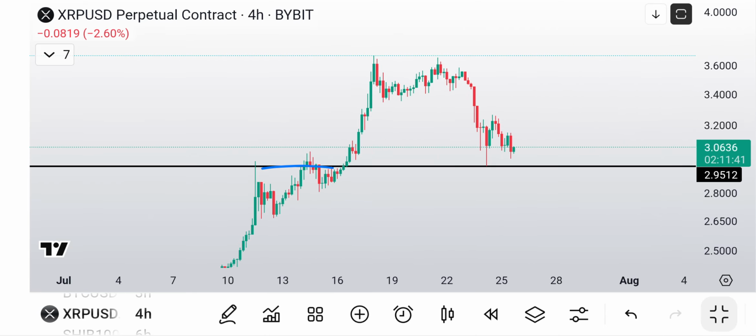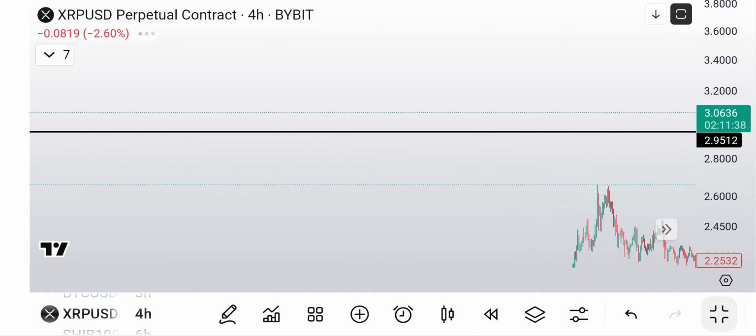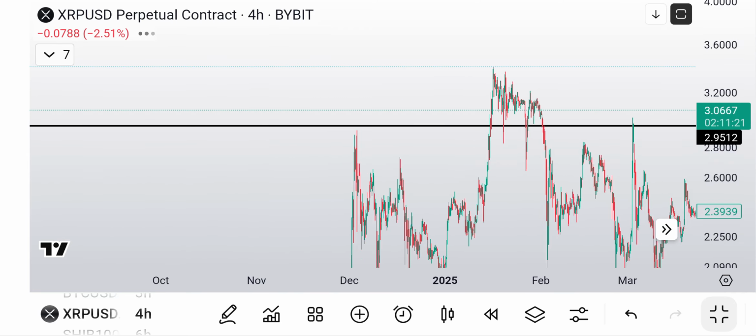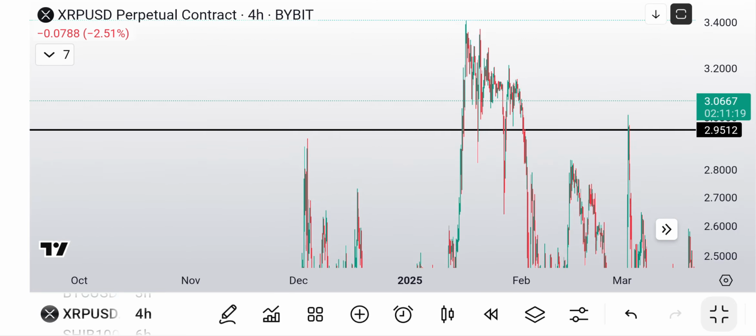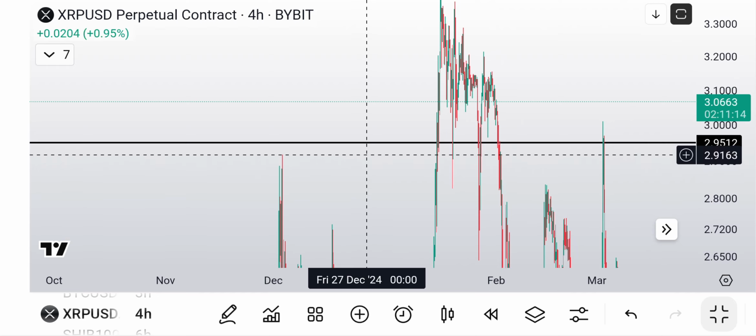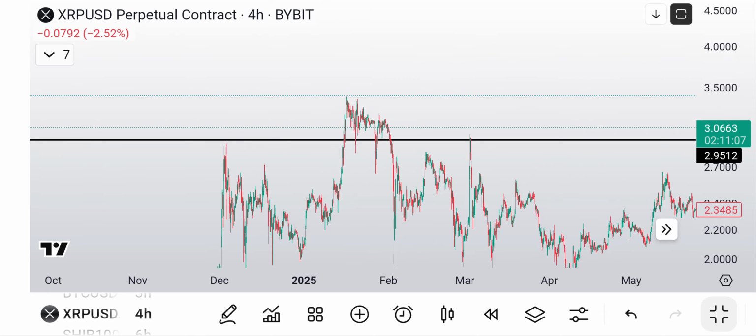So obviously we back tested this level, right? We go a little bit further. We back tested this level, and you can see this ascending triangle here. We back tested this level right there. So that $2.95, $3 area is pretty significant. And this level is about $2.91. So I suppose we could hit that level if Bitcoin needed a little bit further to go.